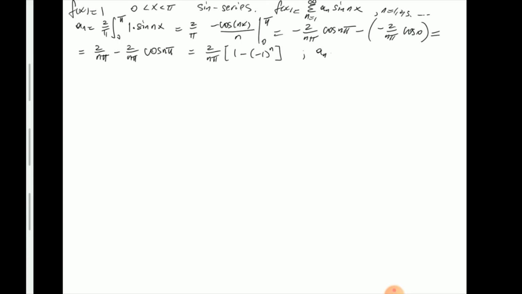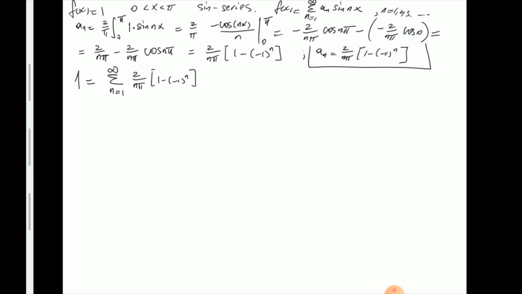So an is 2 over n pi times 1 minus minus 1 to the n. So that means 1 as a Fourier sine series can be written as summation from 1 to infinity 2 over n pi times 1 minus negative 1 to the n sine of nx.